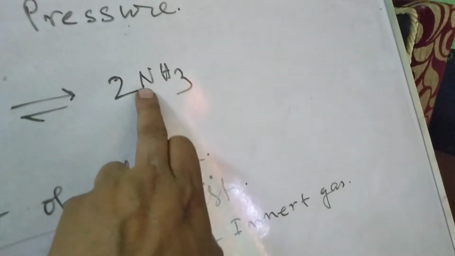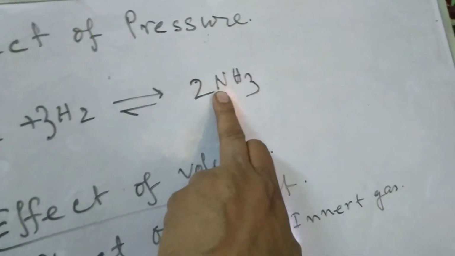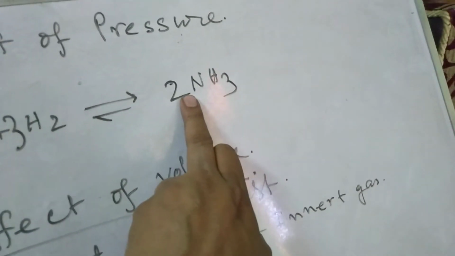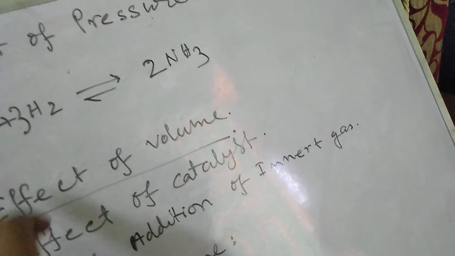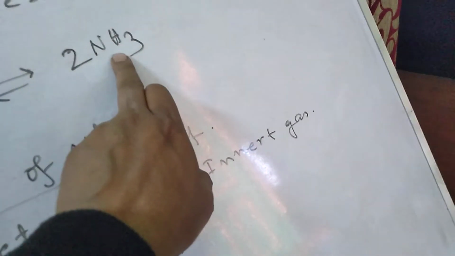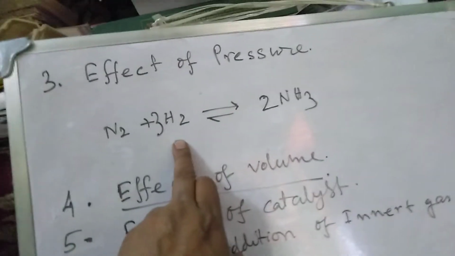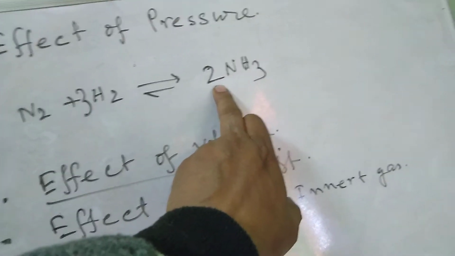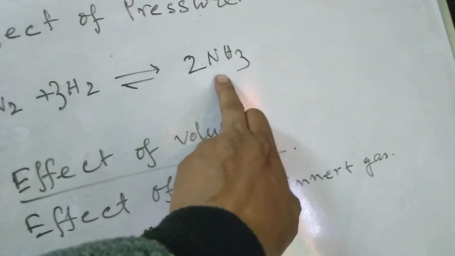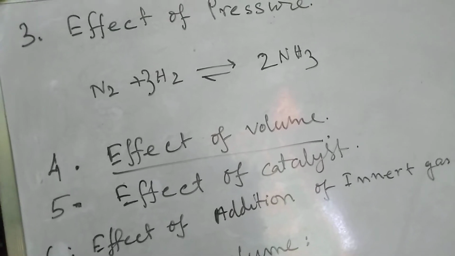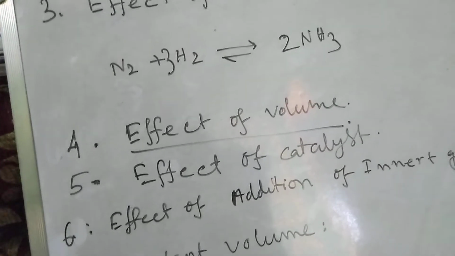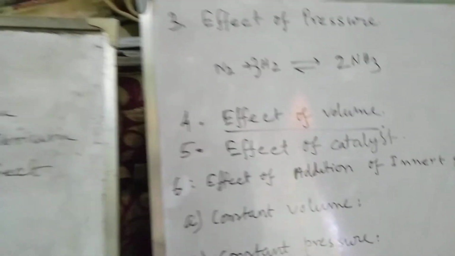The number of molecules decreases when the product is formed. That means when product is formed, pressure is decreased. So excess pressure will favor the forward reaction. Whenever we apply excess pressure, the reaction will shift towards that direction where the pressure can be released.